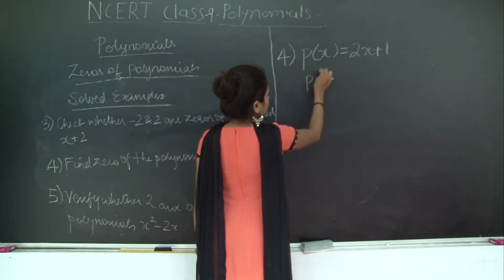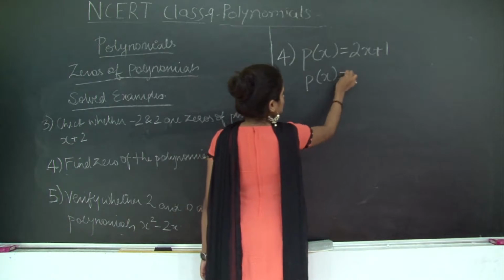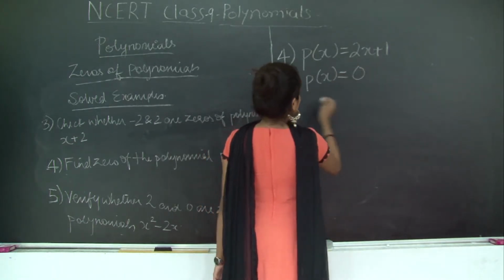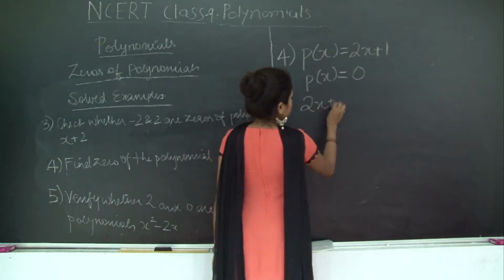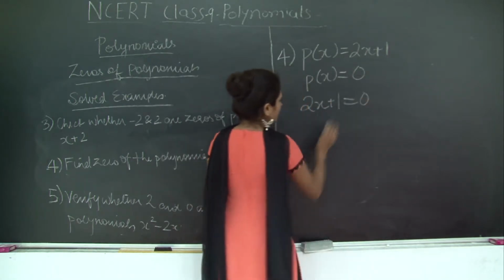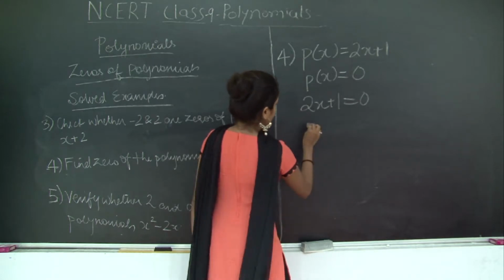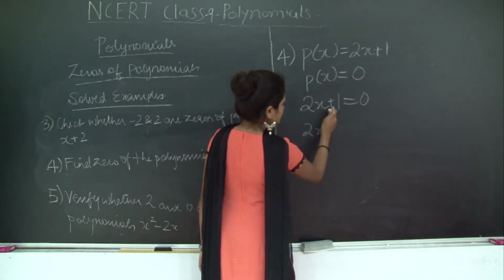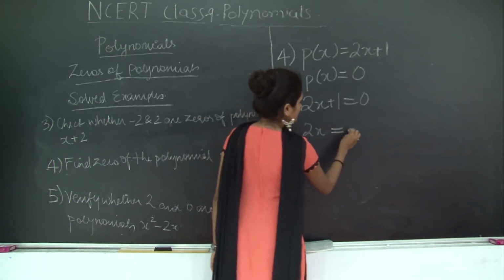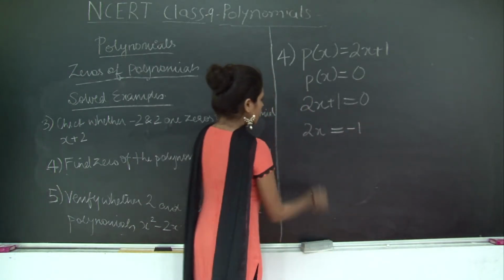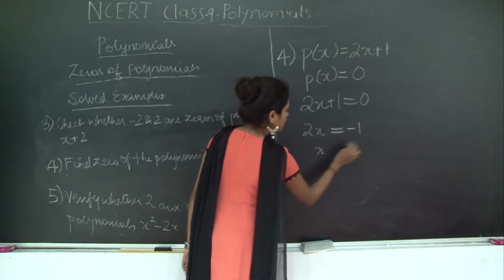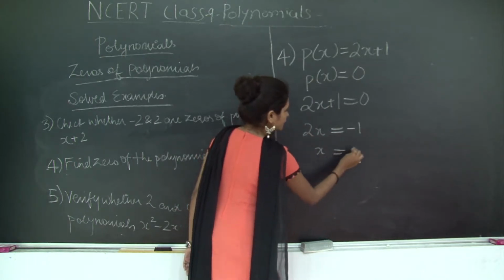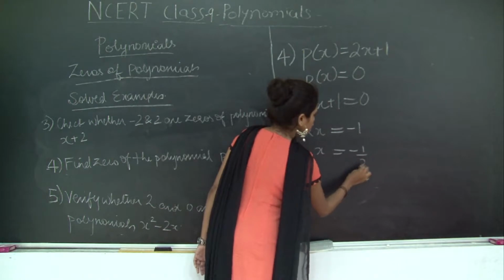For the zero of the polynomial, p(x) is going to be 0, which means 2x plus 1 is equal to 0. I am taking 1 to the right hand side. Since it is positive here, it will go to the right hand side and become minus 1. 2 is getting multiplied with x, so I am going to take 2 down here, it will get divided. This is going to be minus 1 upon 2.